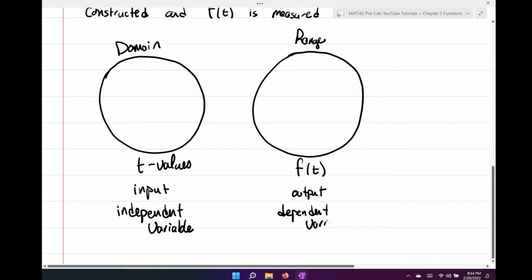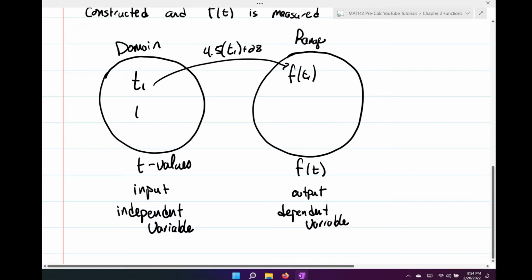So, for example, you can have some number, let's call it t1, and that is going to map over here into our range. How do we get that? Well, we just take 4.5, multiply it times t1, and then add 28 to it.